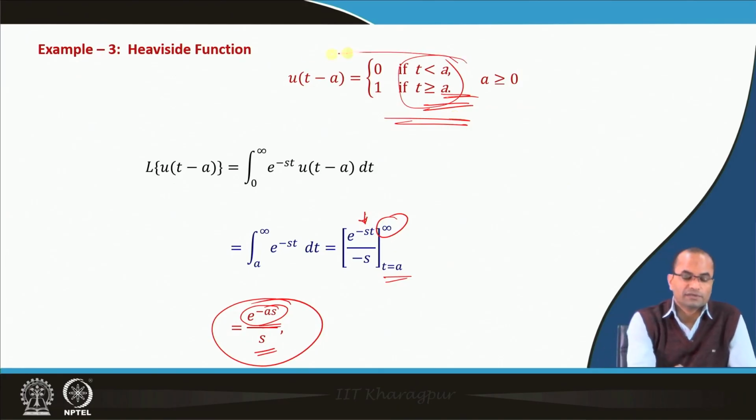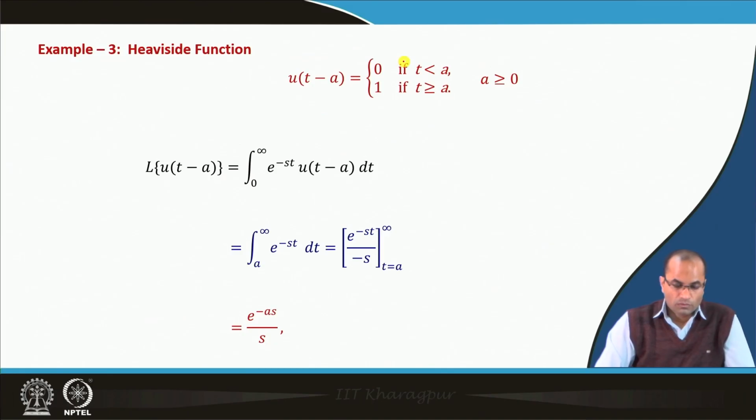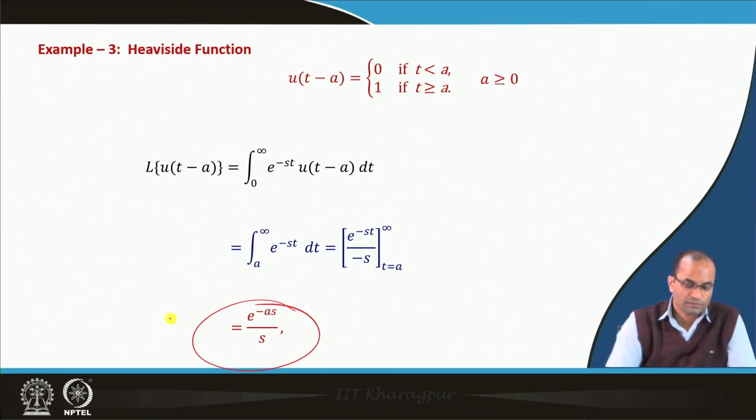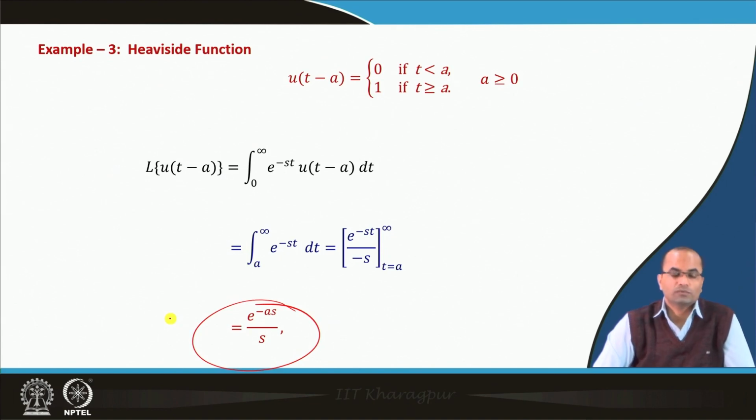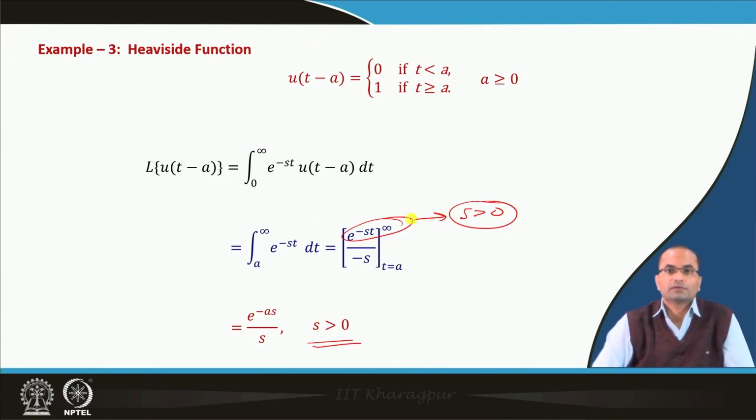The only thing is that this function is defined over the whole real axis, but it is 0 from minus infinity to a. Okay, so that was the Heaviside function, whose Laplace transform is e^(-as) over s. This is valid when s is positive, because that condition we got from here: only when s is positive will this term go to 0.